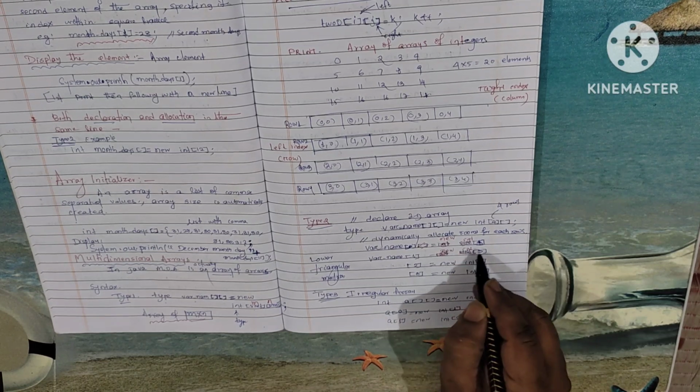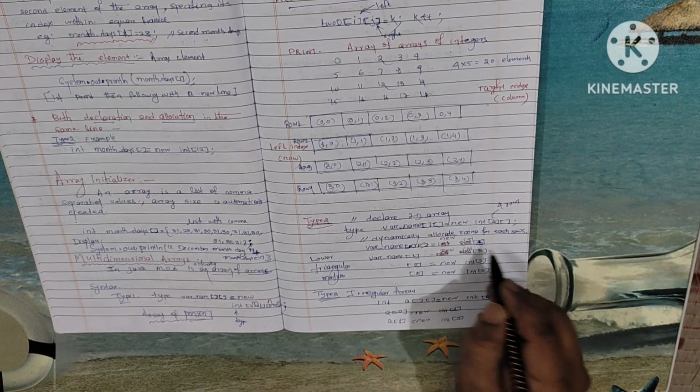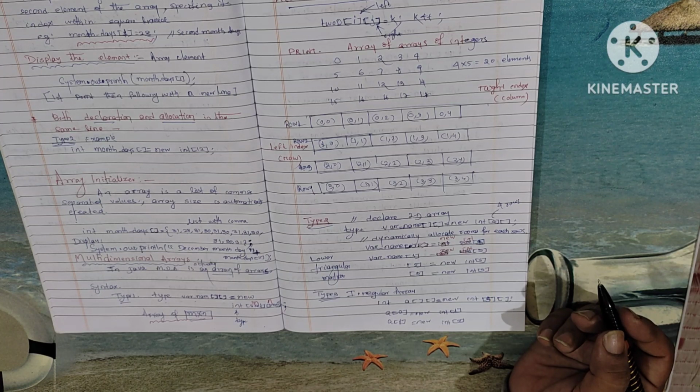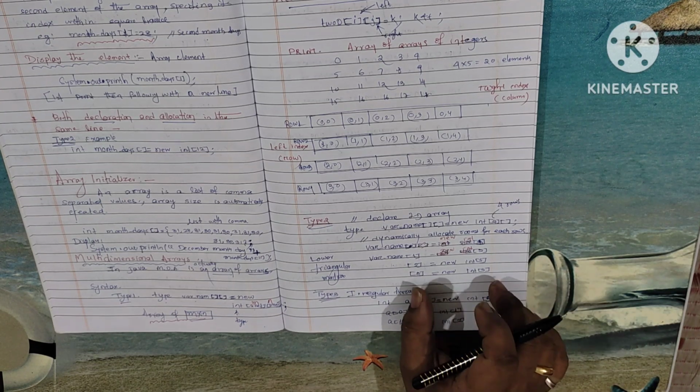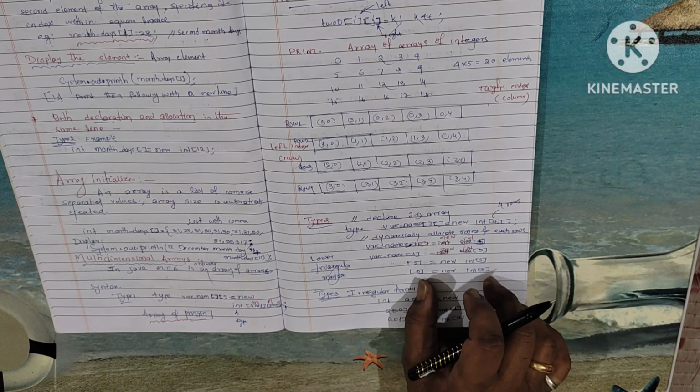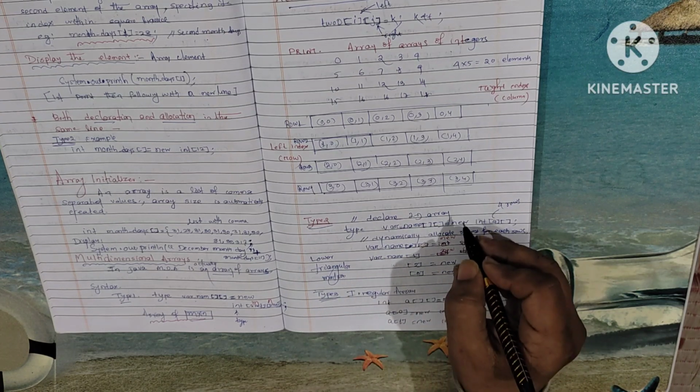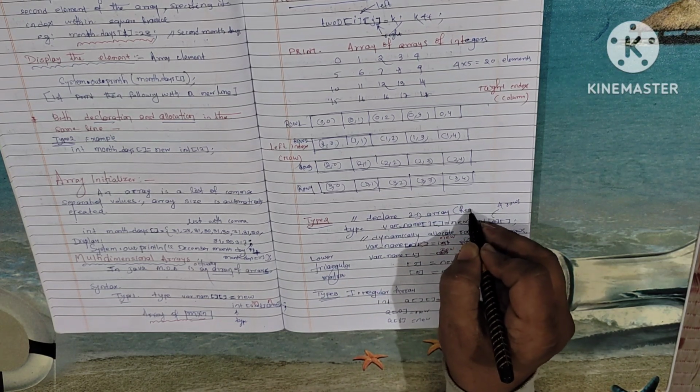So row 1, 1 element. Here we have discussed a regular matrix. This is the case for the regular matrix here.